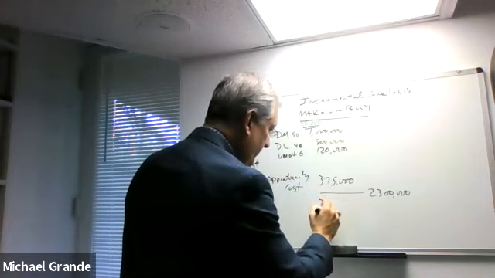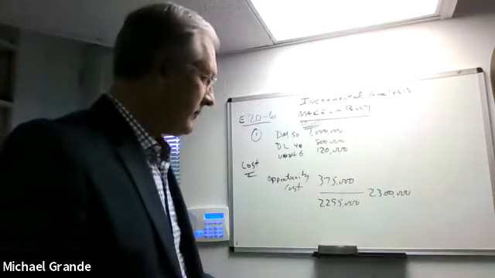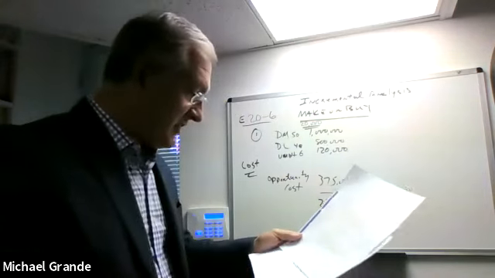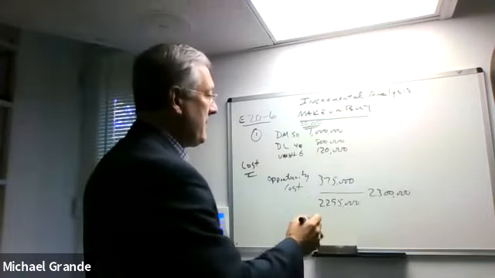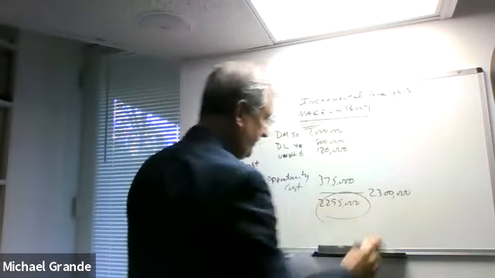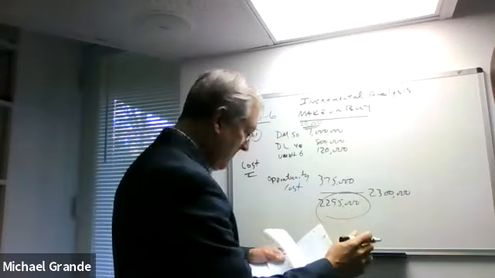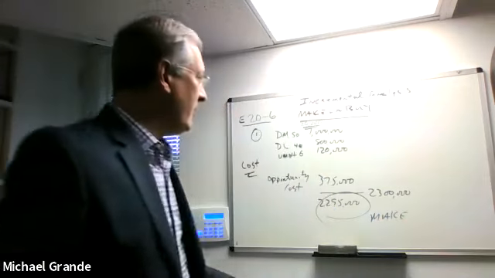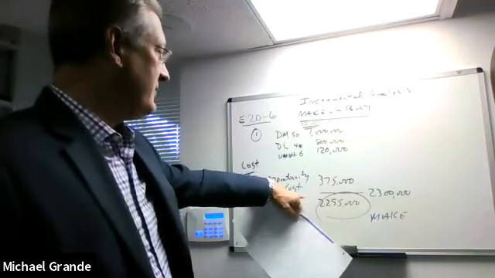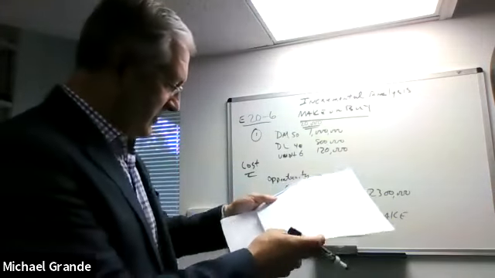It's now 2,295. So your decision is now going to change because you're going to make it, because even though you have this opportunity cost, it's still cheaper to make it.